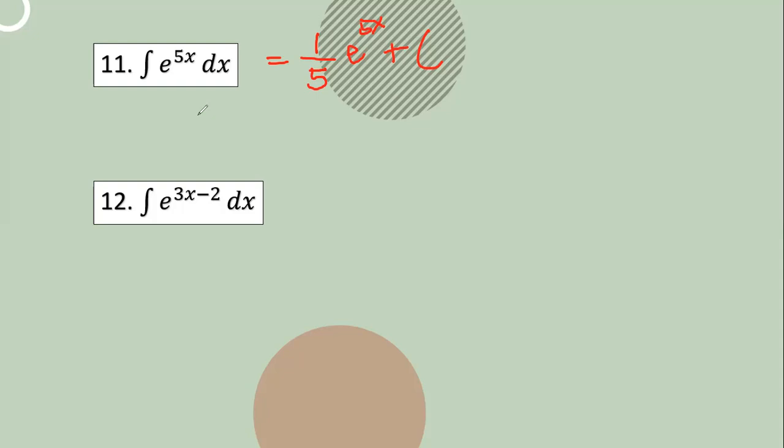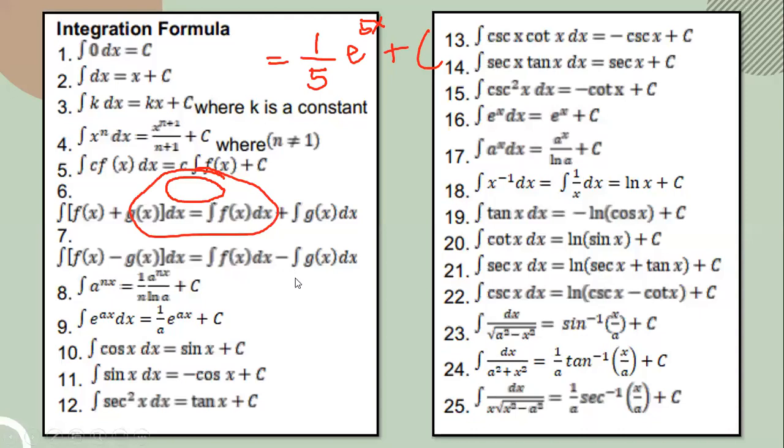Okay. So here we have for our final item, e raised to 3x minus 2 dx. So may nakita ba tayong form na ganito sa ating formula? So meron tayong 3x minus 2 na exponent. Okay? So balikan natin yung formula.